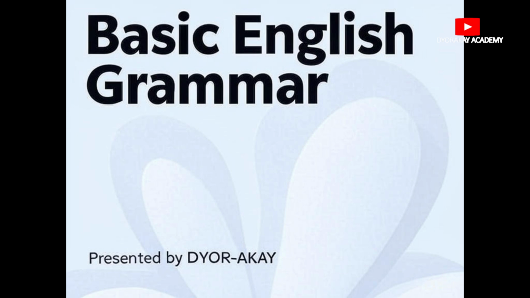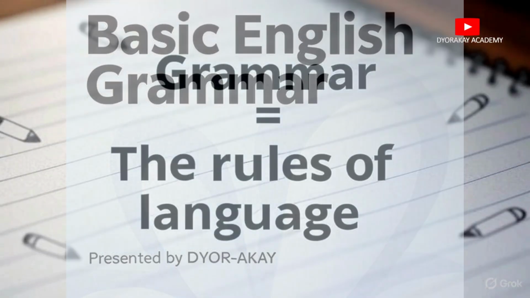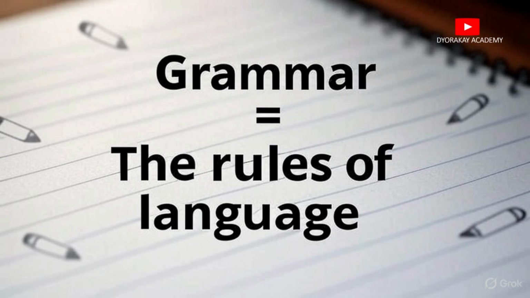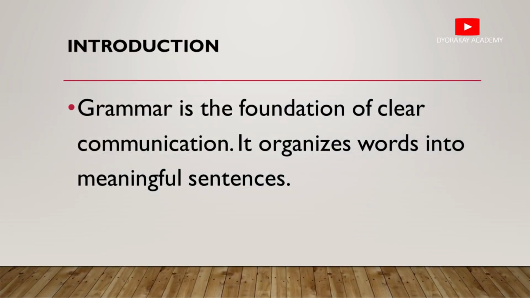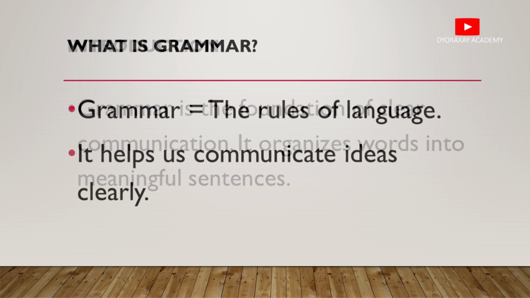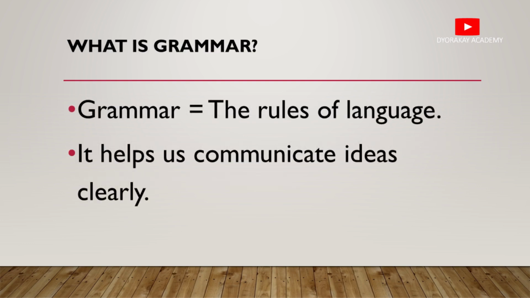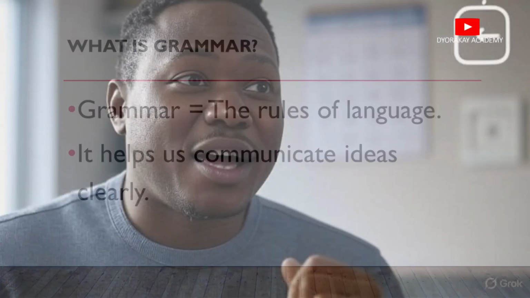In this section, we will explore the foundation of English language structure in a simple but very detailed way. Grammar is a framework that organizes how we use words, phrases, and sentences to express ourselves clearly.